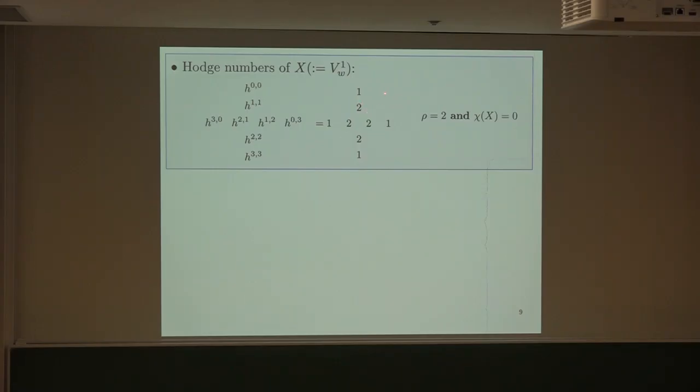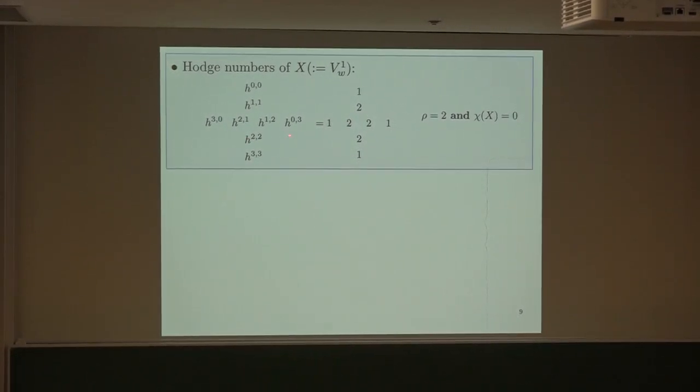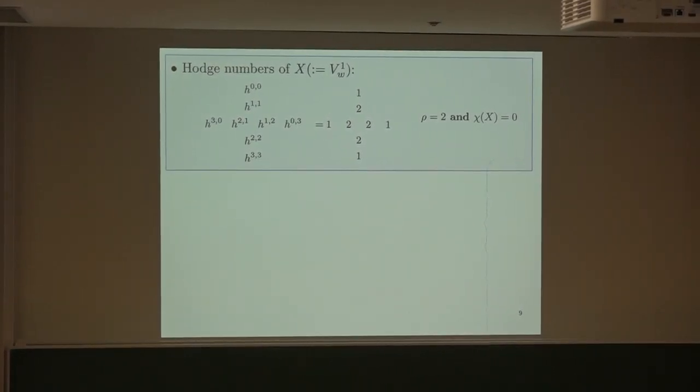The Picard number is 2, and then, as I said, we have a fiber space, an abelian surface over P1. As an Euler number, each fiber has Euler number 0, and the entire space has Euler number 0. So because of that, the deformation space is 2. This is not an exact rigorous argument, but the deformation space you have to work out more clearly.